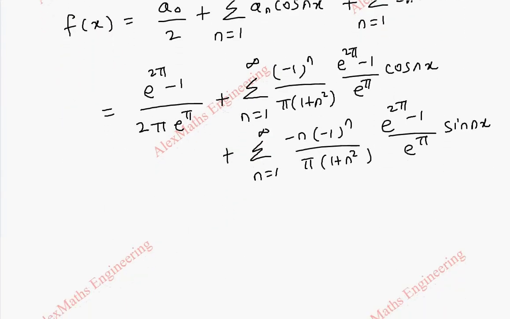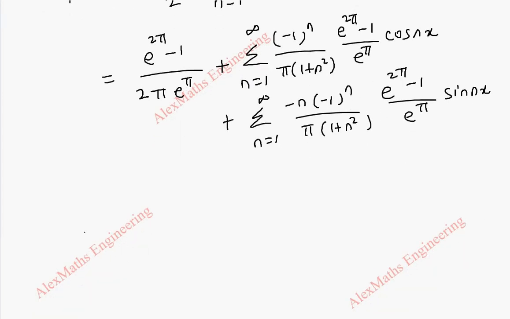Then after this, throughout we have e power 2 pi minus 1 by pi e power pi common. So when that is taken common, the first term we are left with is 1 by 2.